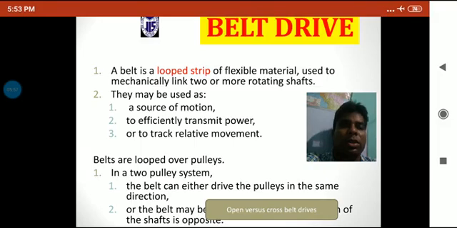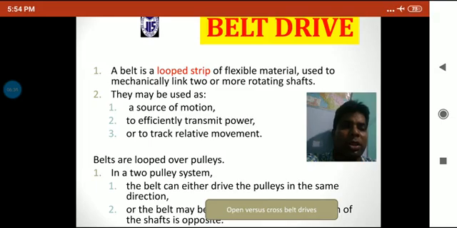Suppose you see the flat belt; there will be slipping and sliding between the two shafts or pulleys on the surfaces due to some reasons. Number one, the load on the drive goes beyond the design value. Number two, the belt tension: all belts have two tensions, one is the tight side and another is the slack side.